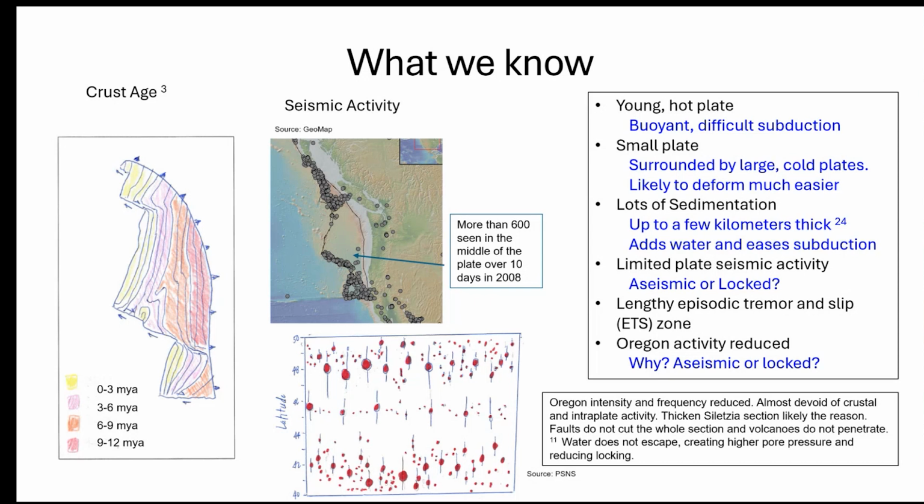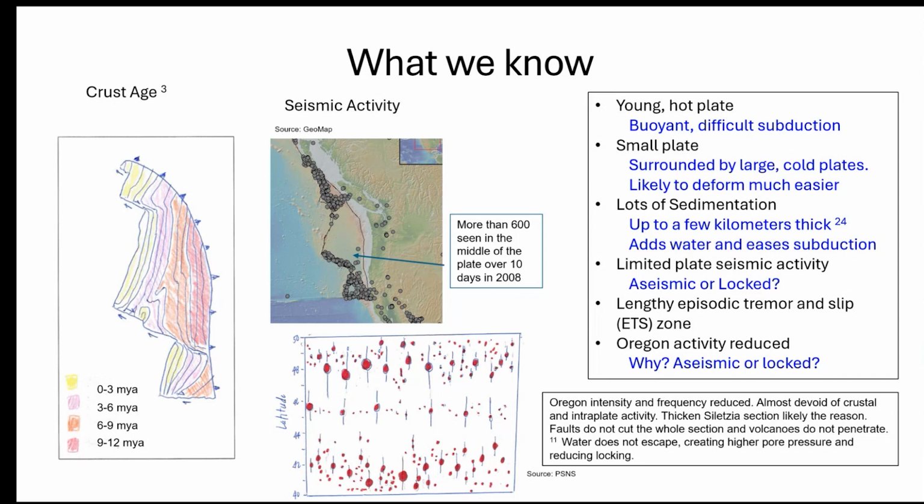But what you see is almost all the seismic activity, and this is since 1960, has been strike-slip action on the southern end of the plate and other deformation out there. So back in the mid 80s it was a question of why so little activity. Is this an aseismic thing and the plate's subducting fine out there, or is it totally locked and it's going to be the source of the next huge earthquake and tsunami probably?